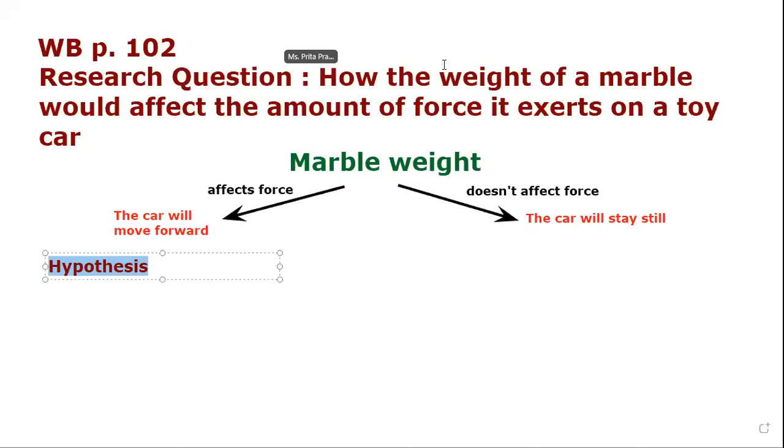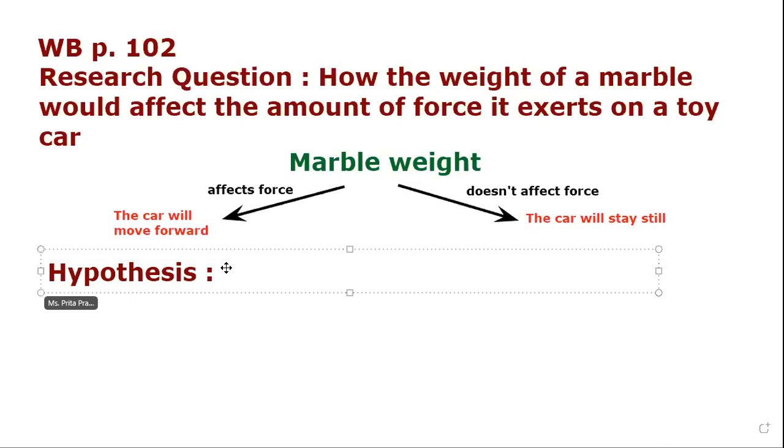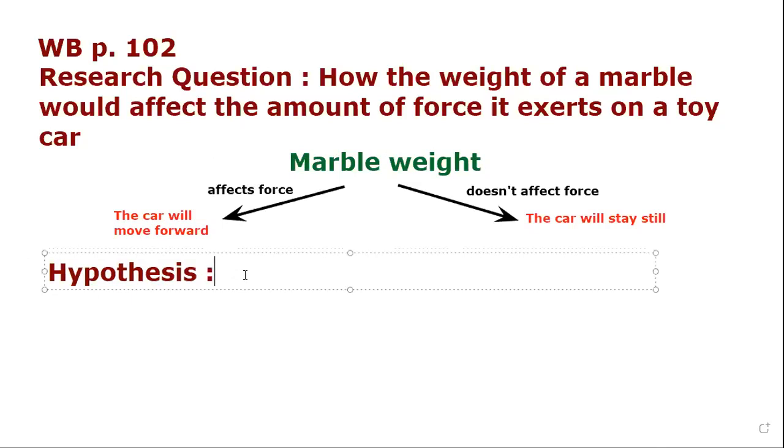So the hypothesis would be what? How can you make this into a sentence? If a marble affects force, the toy car will move forward. If the marble doesn't affect force, the car will stay still. So the hypothesis is: if the marble gives force, the car will move forward.